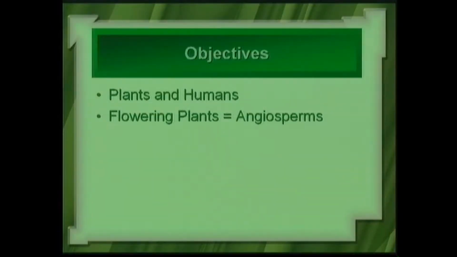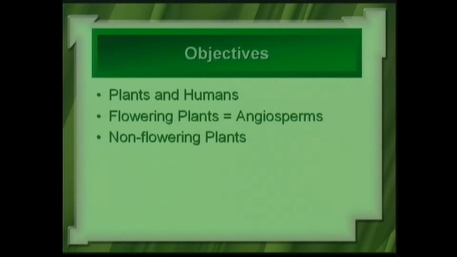So flowering plants carry their seeds in a container that we know of as fruits. When you think about fruits, cherries, peaches, apples, oranges, these are all the result of flowering plants' sexual reproduction.